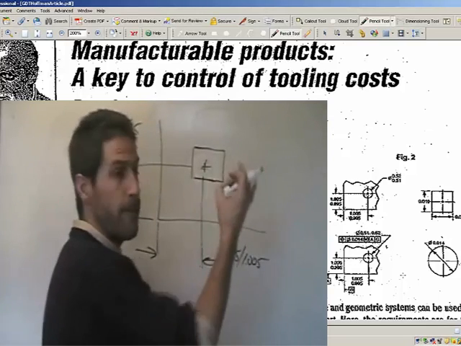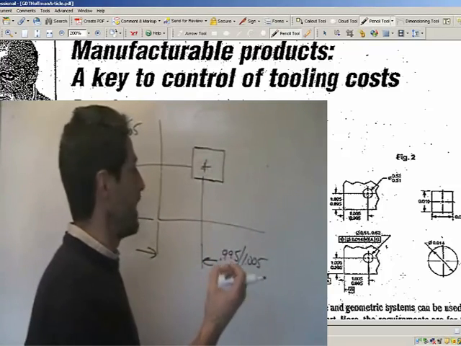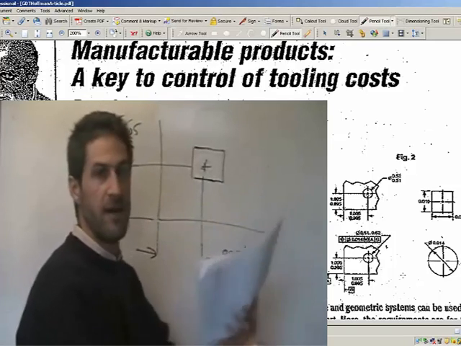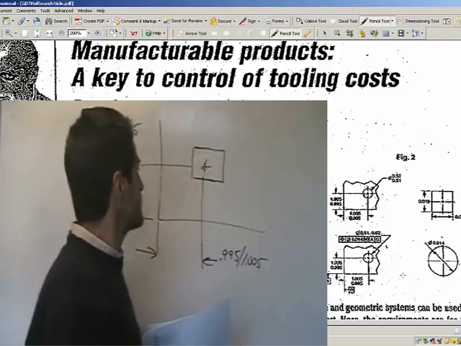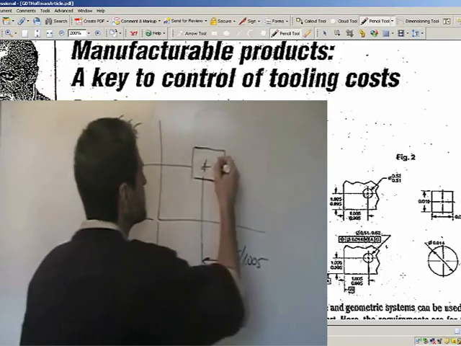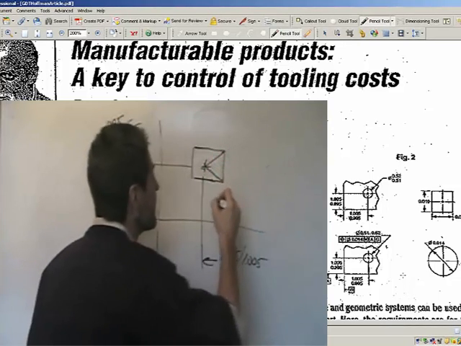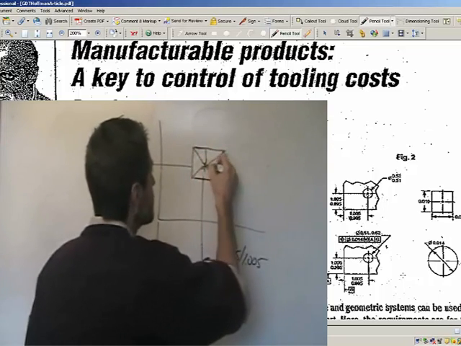If I'm going to have a pin and a mating part that's got to fit in our circle, that mating part could be off in either direction, and my hole can be off in either direction. And so a square doesn't really represent it well, because a square is saying that this hole can be off more in the diagonals than it can be straight up or straight to the side.